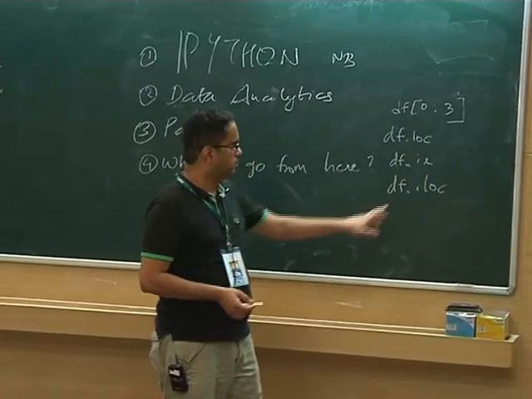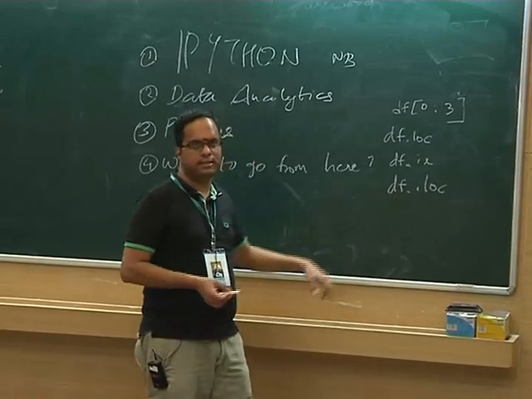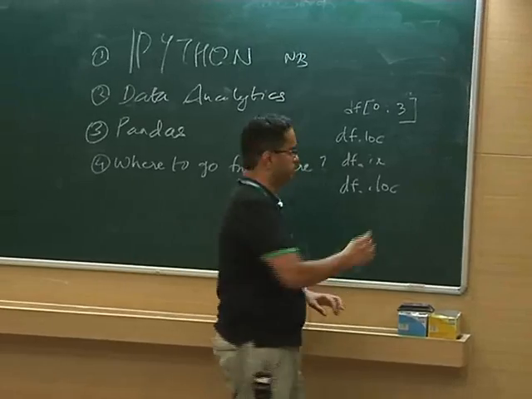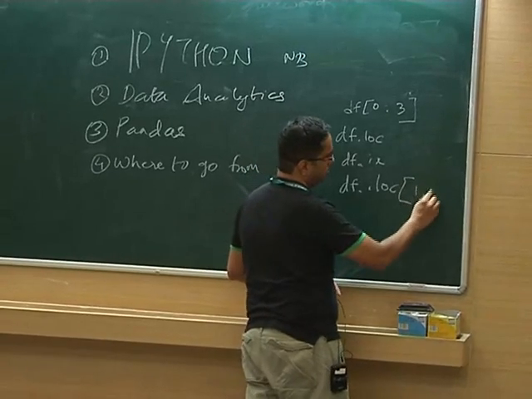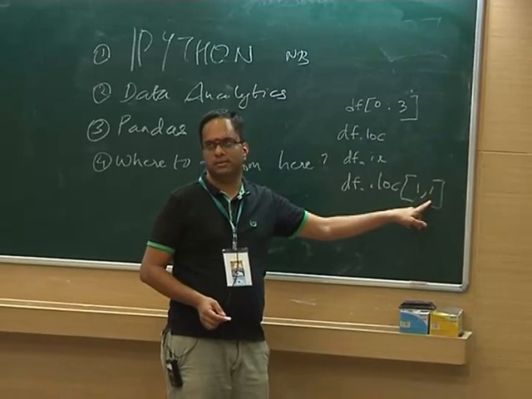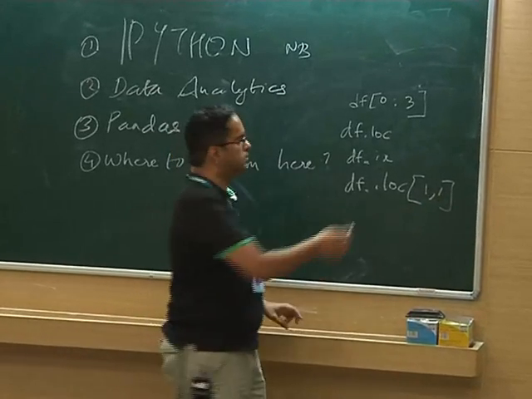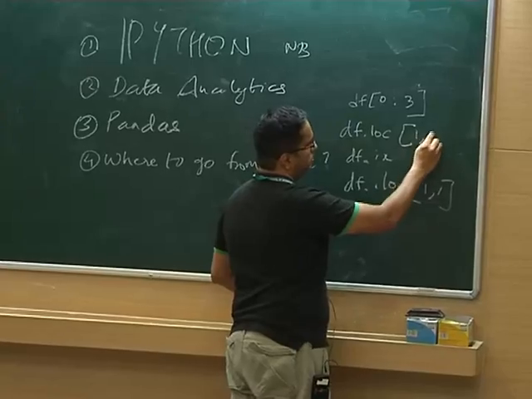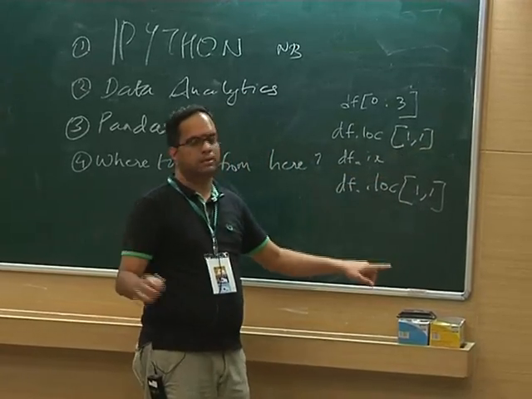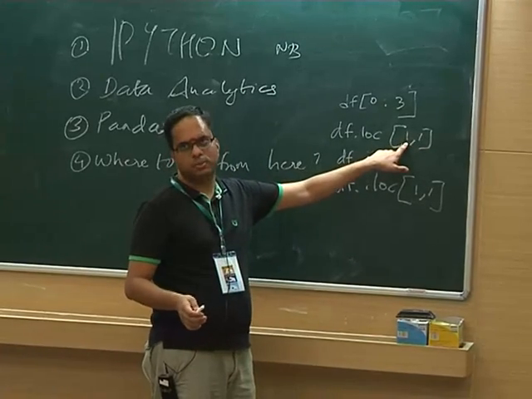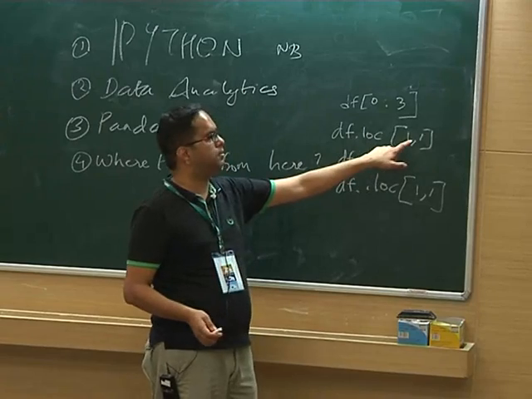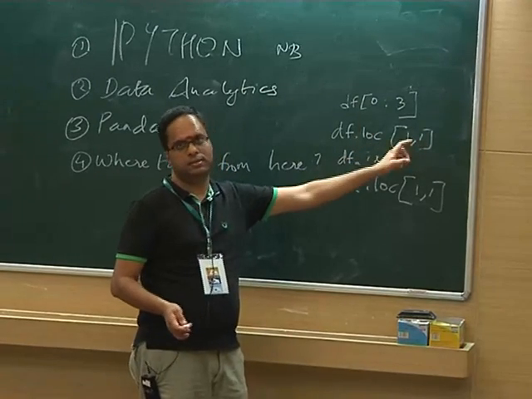Okay. ILOC always takes care of absolute positioning. So if you tell ILOC of 1, 1, it means that this is the second row, second column. Okay, that's what it means. But with LOC, this 1, 1 and that 1, 1 are not the same. Here it goes to the index which is 1 and it goes to the column which is 1. If there is no index of 1 or if there is no column of 1, this will return an error.